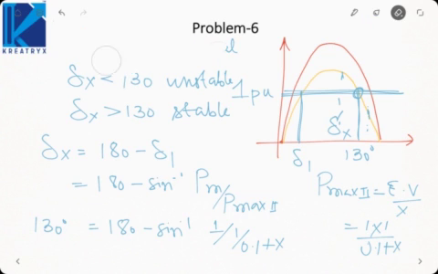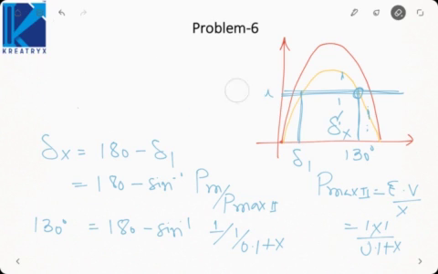If we simplify this, it will be 50 is equal to sine inverse of 1 by (0.1 plus X).